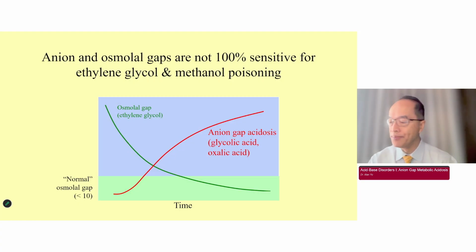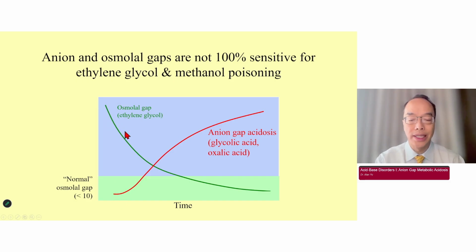A little useful tip is to remember that the ethylene glycol is being metabolized to the anion gap acids like glycolic acid and oxalic acid, and the ethylene glycol is what generates the osmolar gap. So if you catch a patient early enough after an ingestion, and this occasionally happens, they'll have a huge osmolar gap, but they may have very little or no anion gap acidosis.